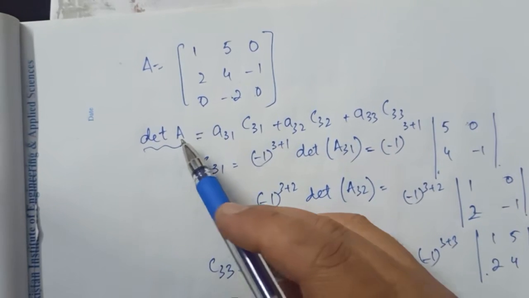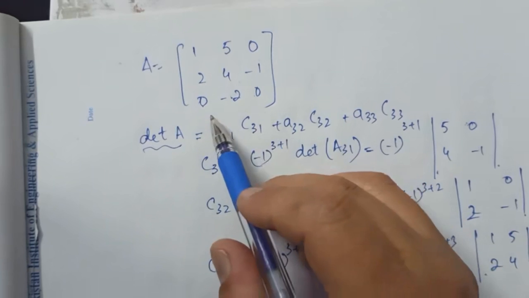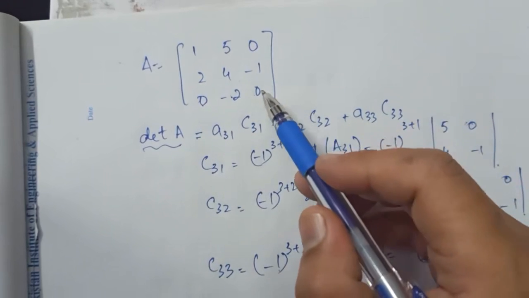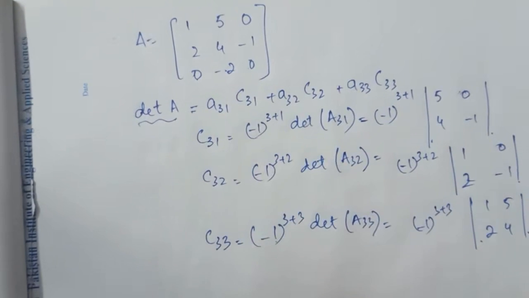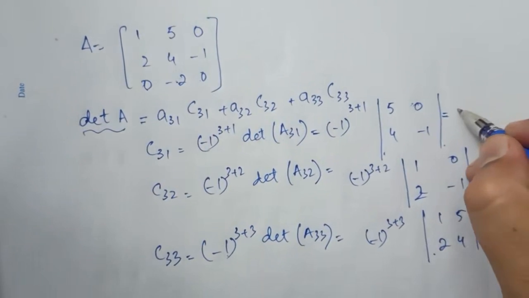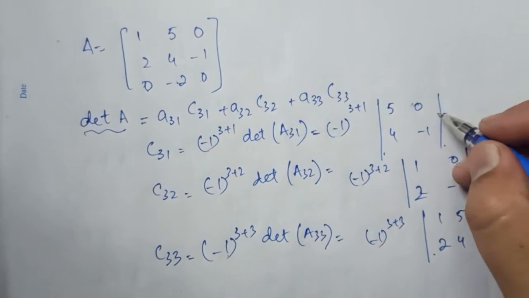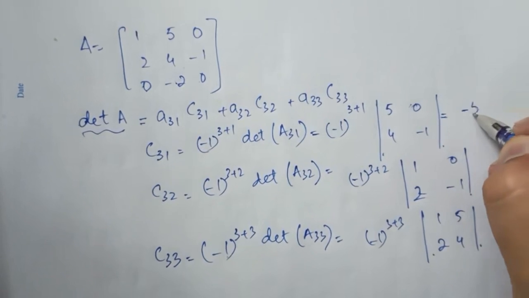In this case, the third row has the maximum number of zeros, so in effect I actually have to calculate only one term, because A31 is 0, so I can write 0 times. Let's complete that. Minus 1 to the power 4 is 1, and you get here minus 5. So the answer is minus 5.